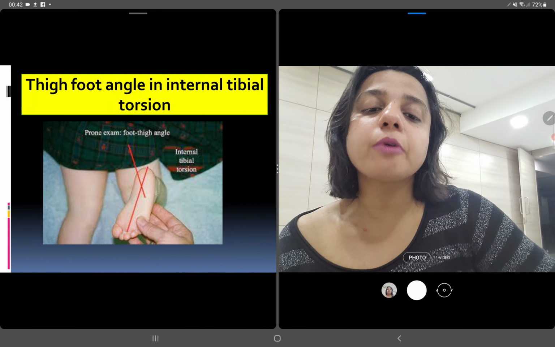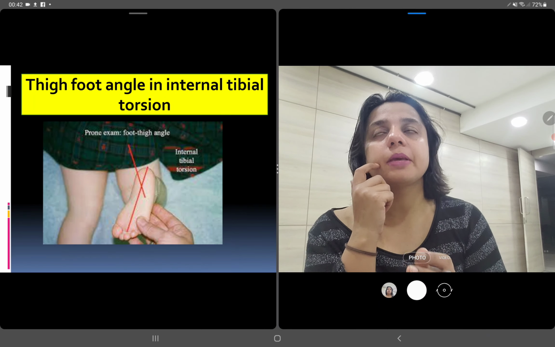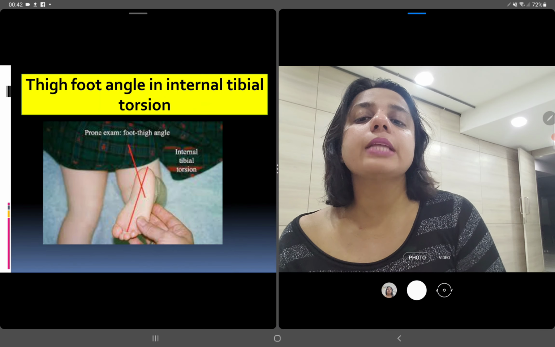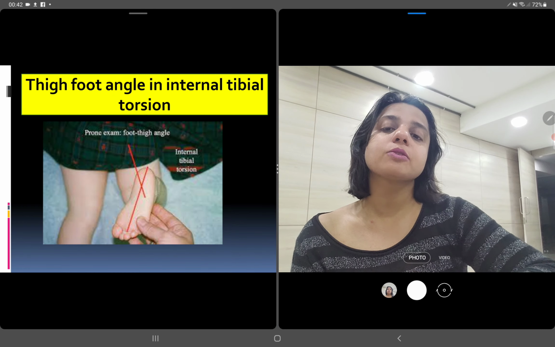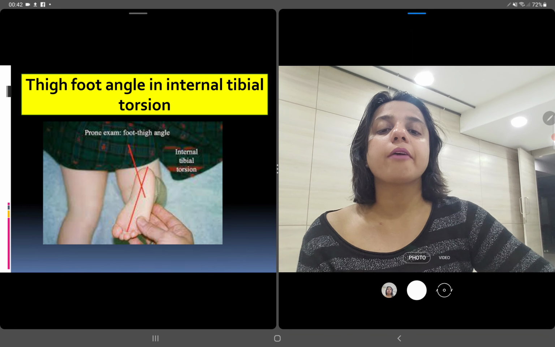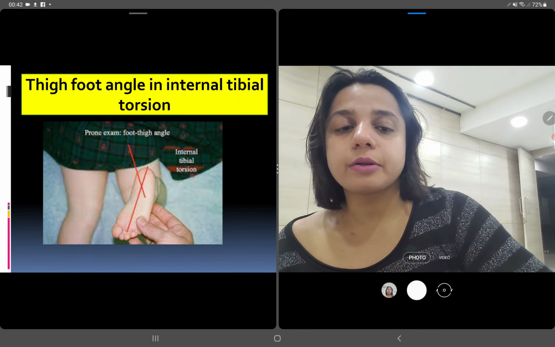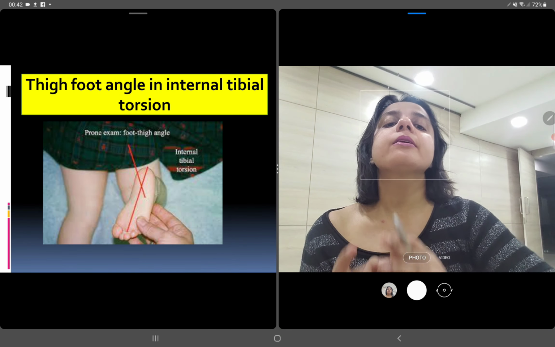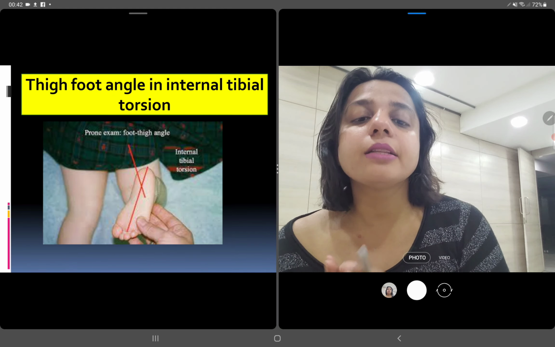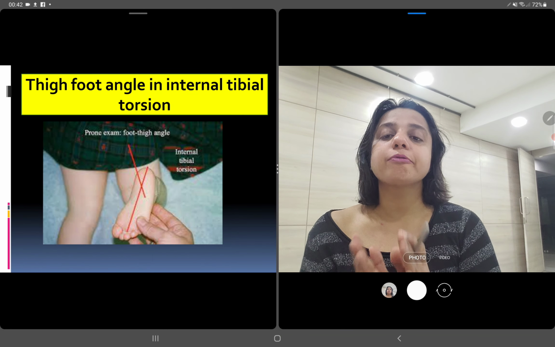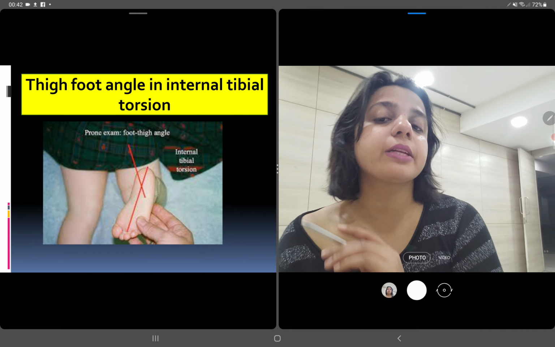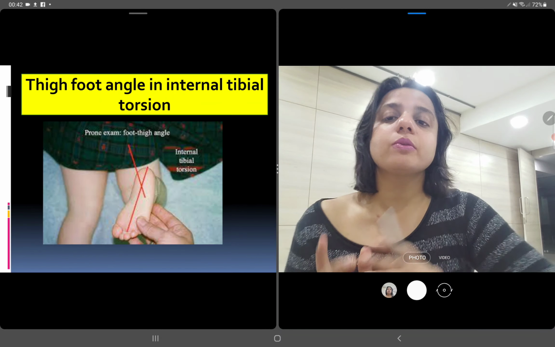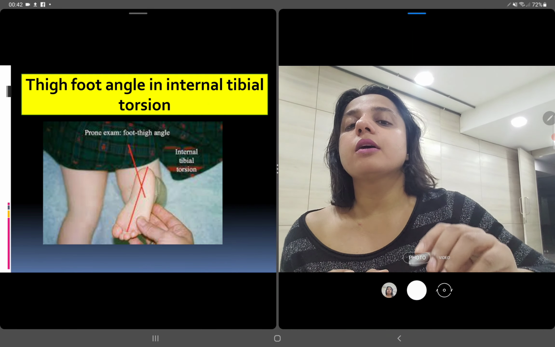Then you have to rule out whether the problem is in the foot or tibia. You will see the thigh foot angle. If it is normal, then there is no problem in the tibia. Then you have to rule out the foot. In the foot, we have two problems, metatarsus adductus and CTEV. In CTEV, you have forefoot adduction and equinus, but in metatarsus adductus, you don't have equinus deformity. So that was all about intoing.